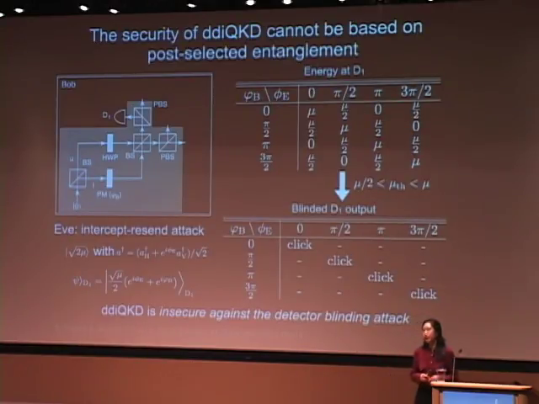Similarly, if DDI QKD were also based on post-selected entanglement, we could also just measure one Bell state over the whole protocol. If we can do that, then we only need to keep one detector, D1, in our scheme and remove the other 3 detectors.